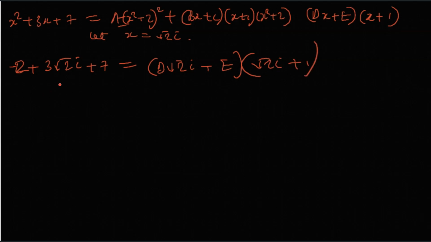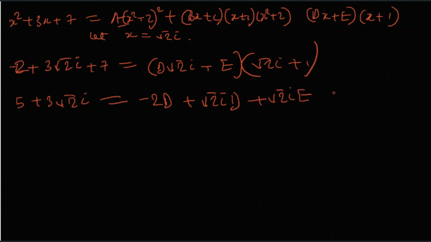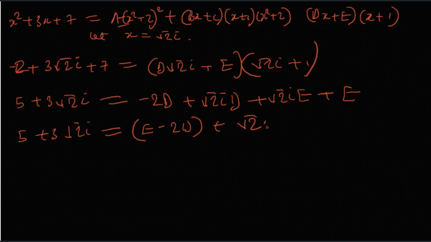Now this will be 5 plus 3 root 2i being equal to, multiplying this out, negative 2D plus square root of 2i times D, then plus square root of 2i times E plus E. So we still have 5 plus 3 root 2i equal to E minus 2D on one part, then plus square root of 2i times D plus E.